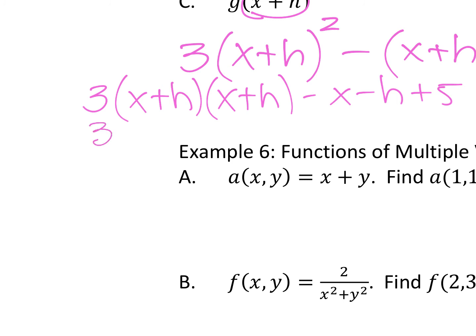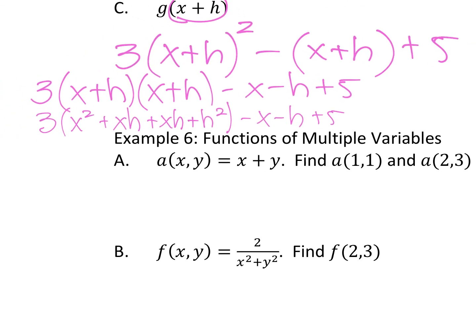If I foil that, what's x times x? x squared. What do I put for x times h? xh. And the same thing for the middle one, right? And then h times h is? h squared. Now, do I have any like terms I can combine there?